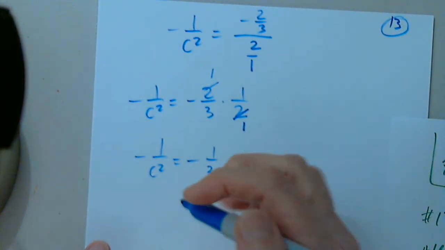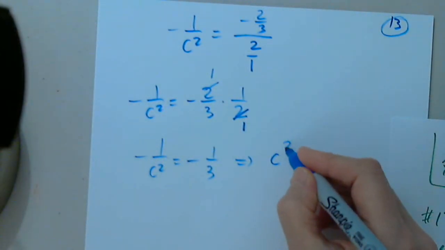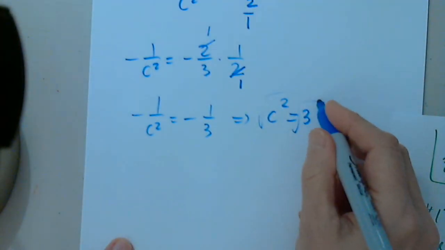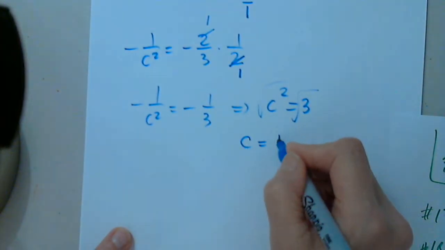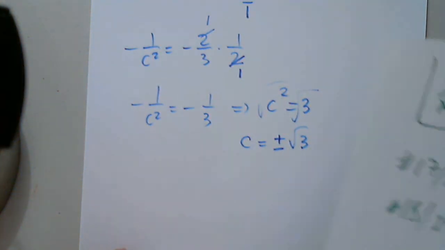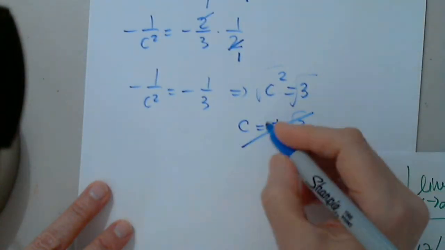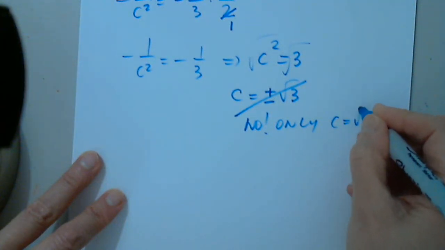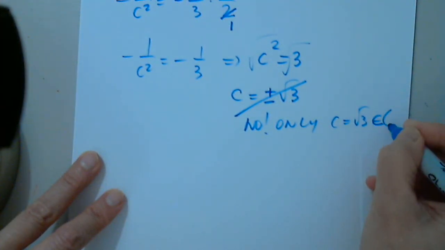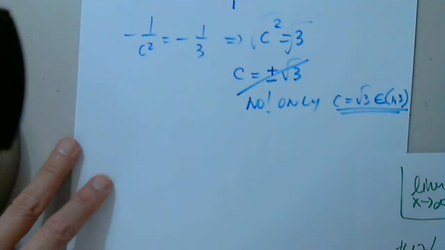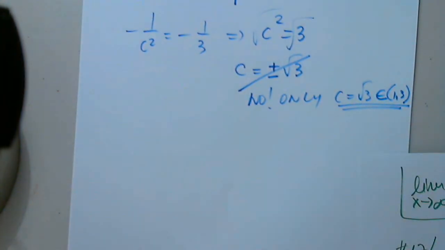From here, multiply both sides and flip. I know that c squared equals 3. Taking the square root, c equals plus or minus the square root of 3. But because the interval is 1, 3, only c equals the square root of 3 is in the interval. Only this is guaranteed by MVT.